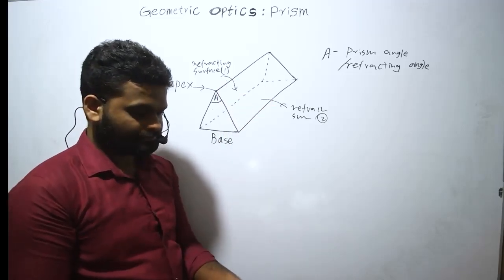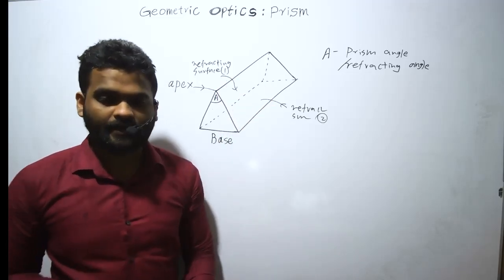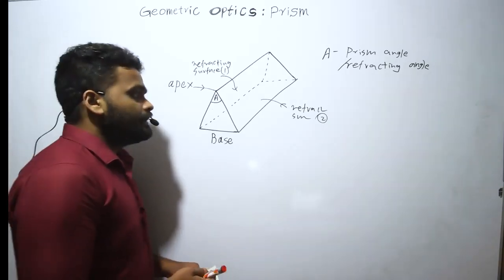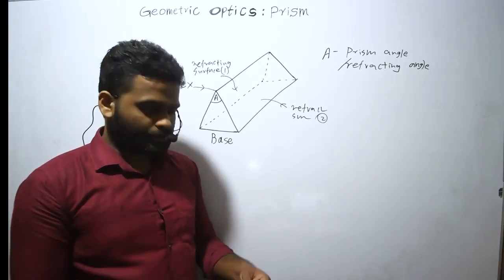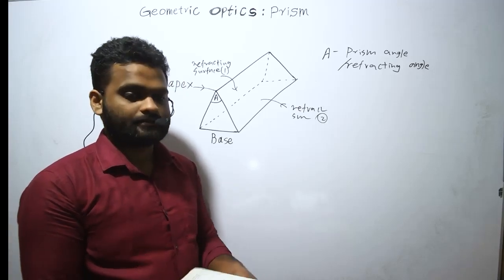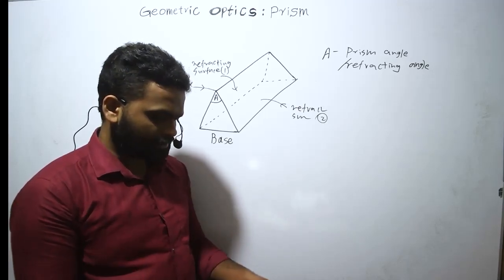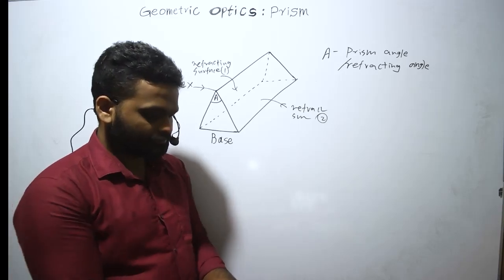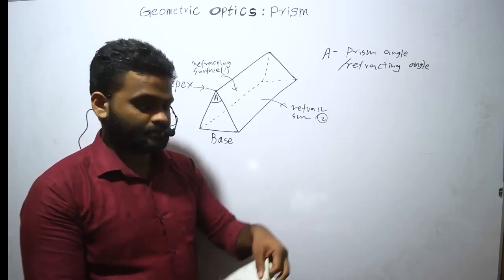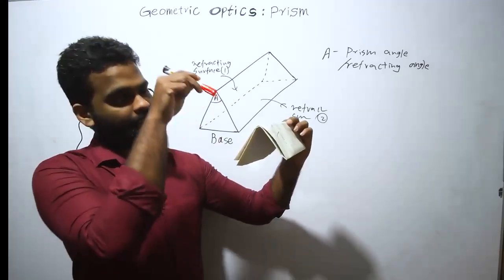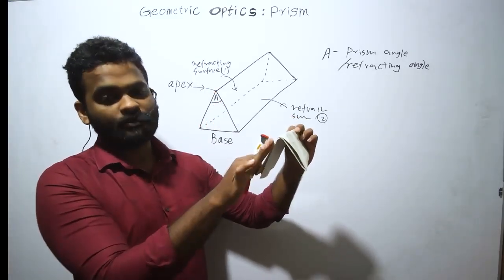Okay, I think now you clearly understand that, right? When you have the prism, it's like this, right? This shape is the prism. So a light ray hits like this, perpendicular to this refracting surface.